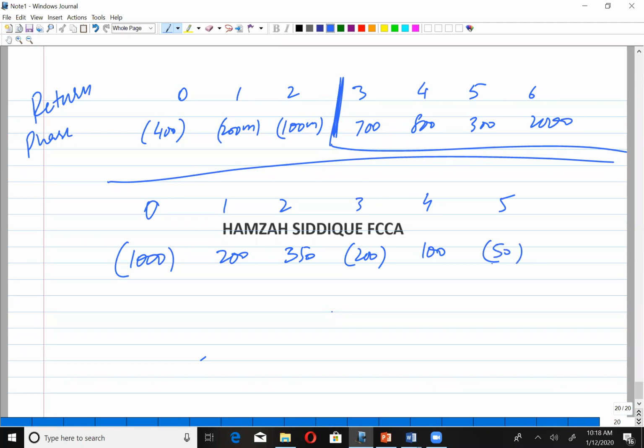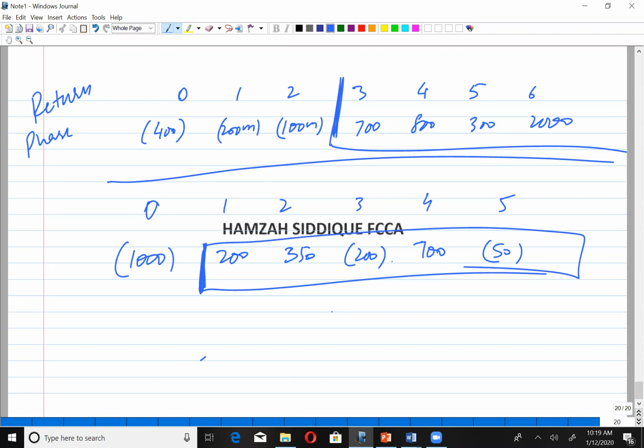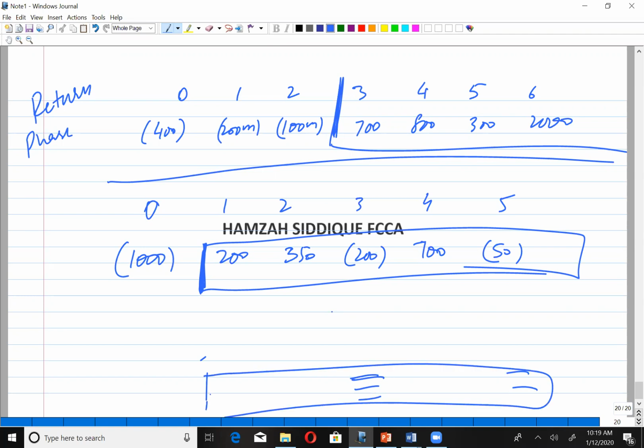Make it positive 700. Now return phase is starting from here. Although this figure will be negative here, when they are summed up, it will be adjusted against that. It is positive, negative, positive, negative. Net will be there.